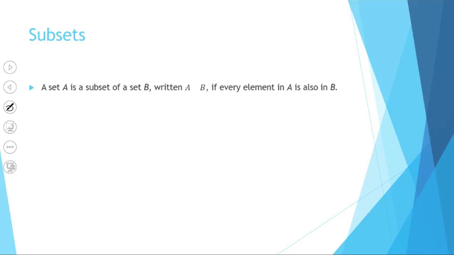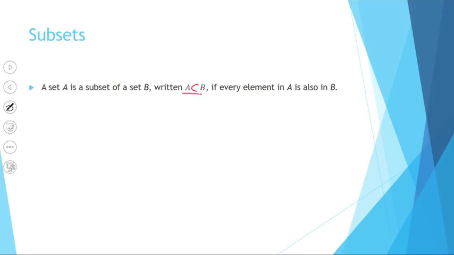Subsets. A set A is a subset of B, written like this. It's not like a C, it's kind of like a sideways boomerang. But it's written like this.